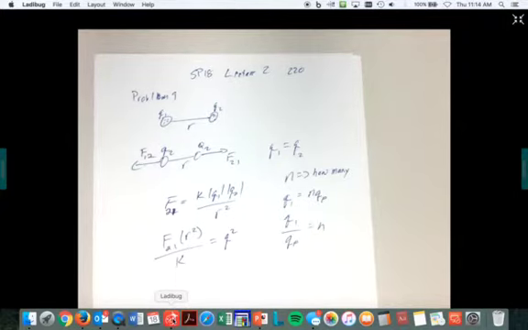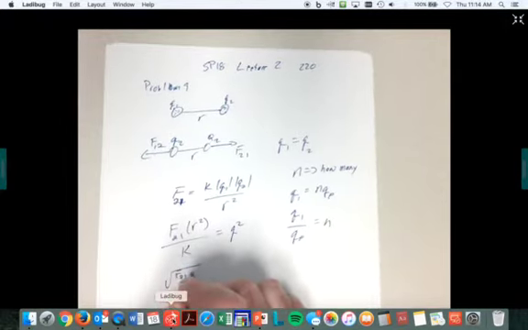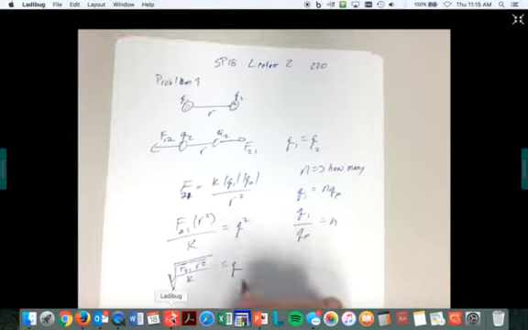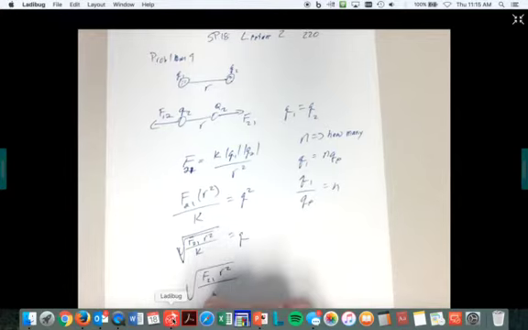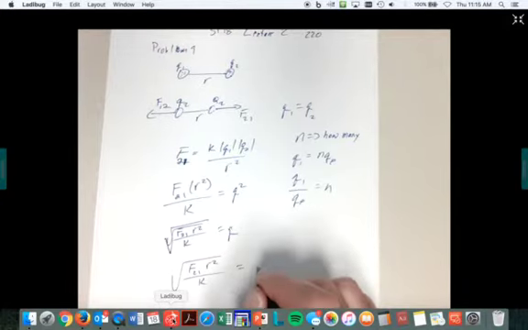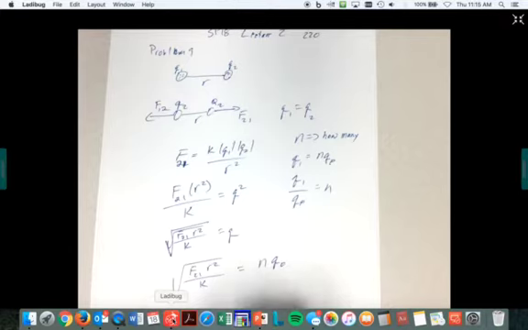So Q equals the square root of F21 times r squared divided by K, and these are all big unwieldy numbers, is equal to N times Qe.